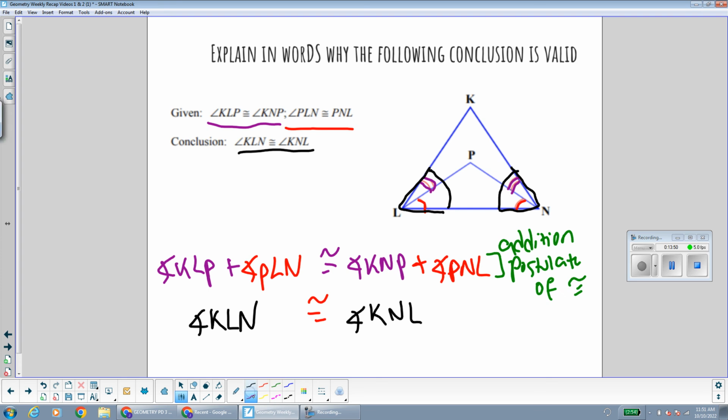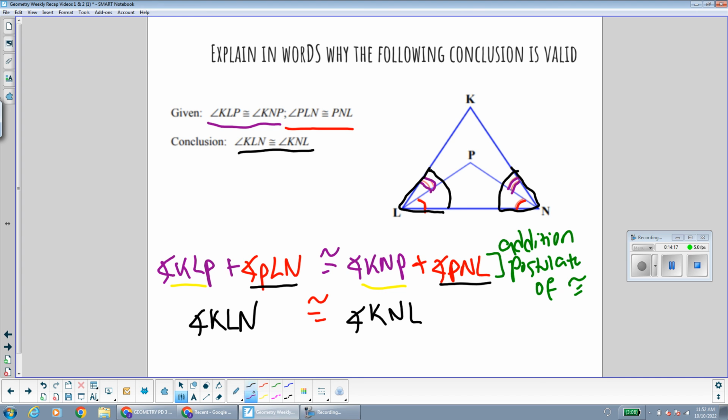In order for the addition postulate to work, we do need to verify that we're starting with two congruent angles. We do know that KLP and KNP are congruent because that was given. And to each of these two starting congruent angles, we do need to be adding on two congruent angles for this to be true. We do know that PLN and PNL are congruent because that was given to us as well.